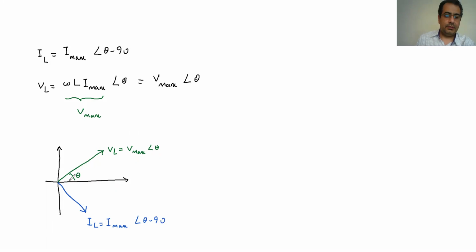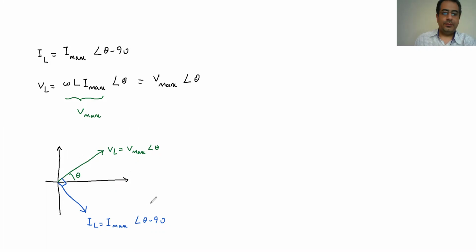So if this is a theta, this is going to be the right angle here, because there's a 90 degrees between these two. So that's the theta minus 90 degrees. So we go theta minus 90 degrees here. So if you draw them, they're going to look like this. So it's a theta here. Then if we go from here 90 degrees back, we will get to this one.